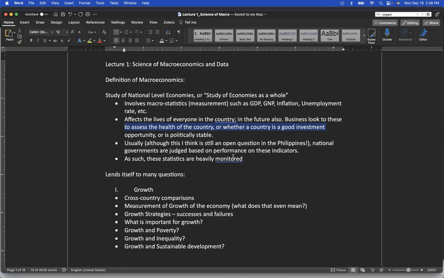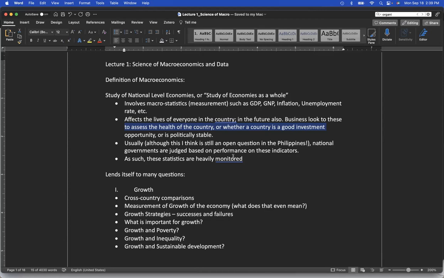Credit evaluation at the country level ka ba or personal level? At the corporate level. So this is just the corporate analog. Yes. And for example, at the corporate level, you're interested in, like, itong business ba ito nasa Botswana na mahirap, may GDP, ang taas na inflation, etc. Kikita ba yan? All of these macro statistics will affect firm and industry performance.